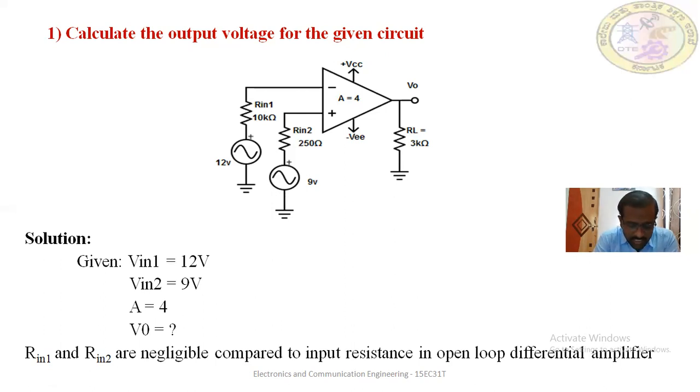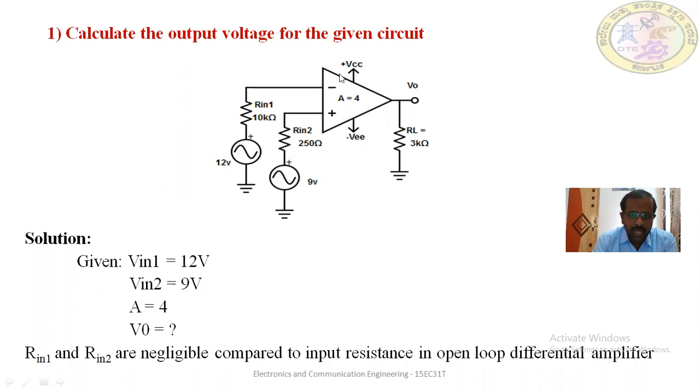While explaining the practical and ideal characteristics of the op amp, I said that the input resistance is very high, or infinite in the ideal case, so Rin1 and Rin2 can be neglected. The output is obtained across the output terminal, and we are asked to calculate the output voltage, so V0 = ?